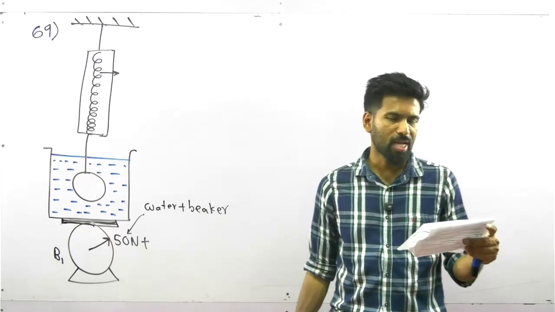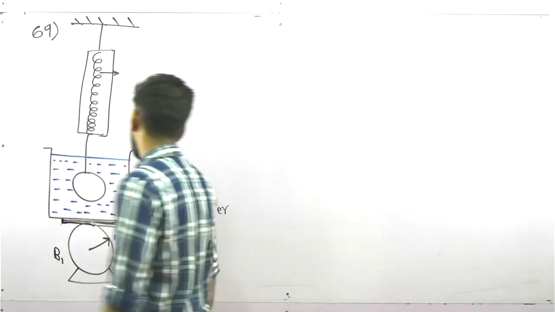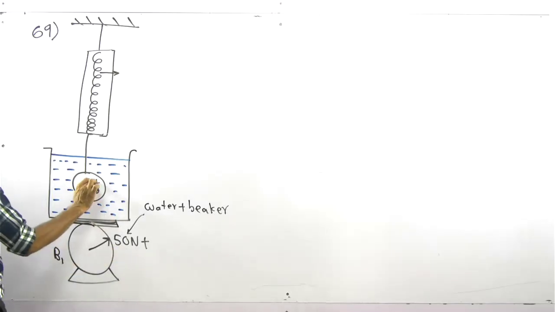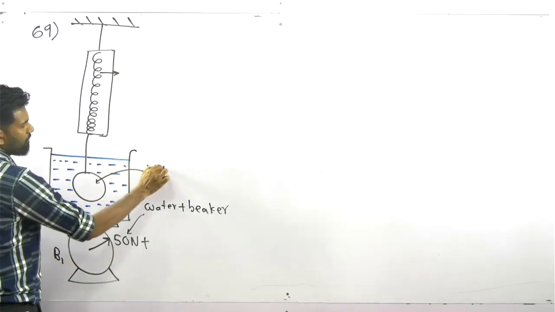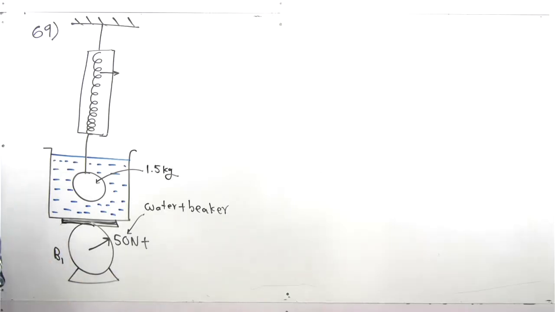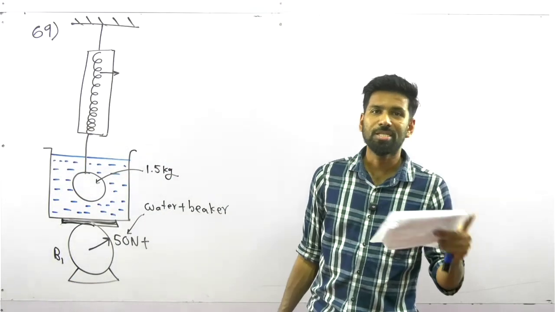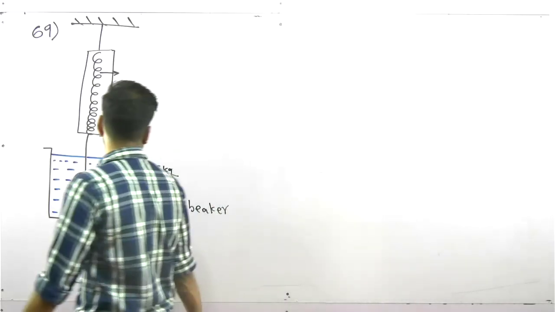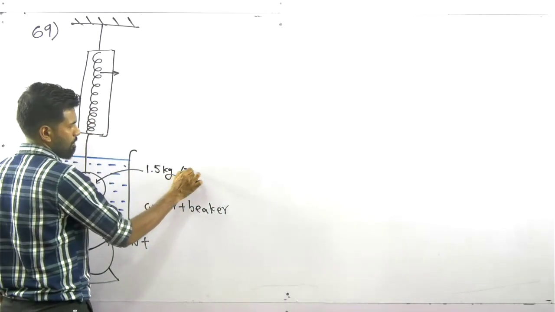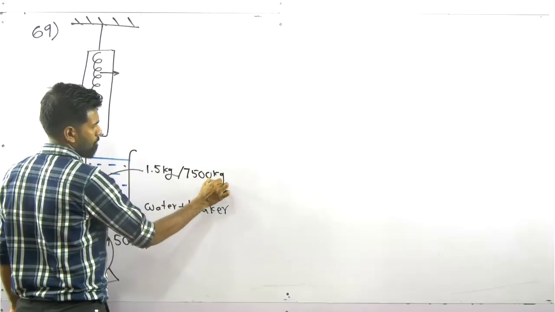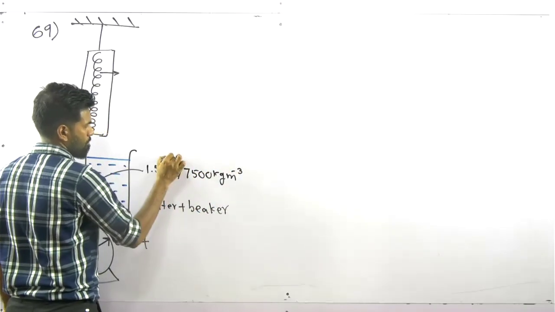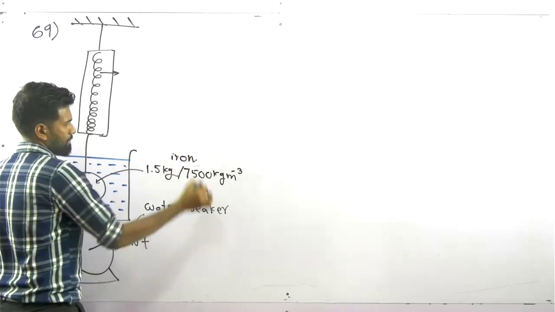An iron block of mass 1.5 kg is there. Relative density 7.5, so density 7,500 for iron.